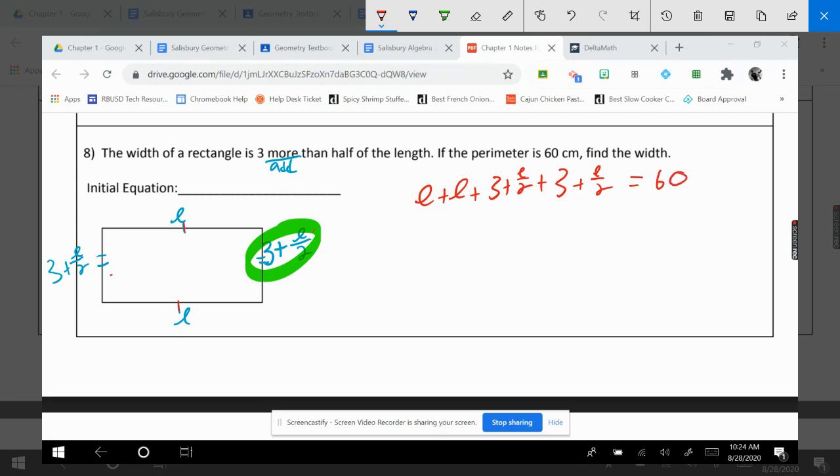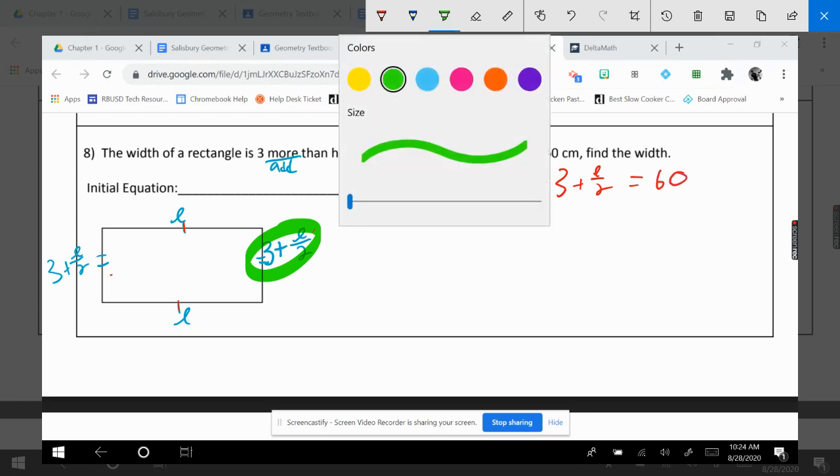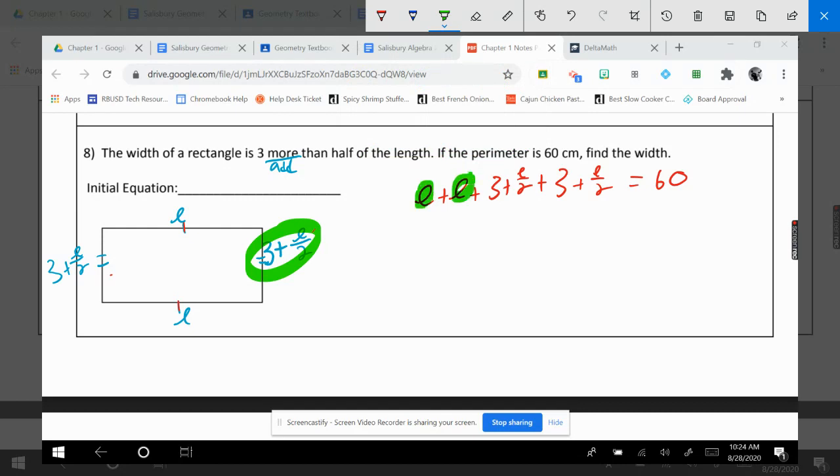So we can actually solve for L here. So let's combine some like terms first. We got L, half of L and half of L. Well, these make 1. So 1 plus 1 plus 1 is 3L. Combine those two, plus 6. And then equals 60 and solve from there.